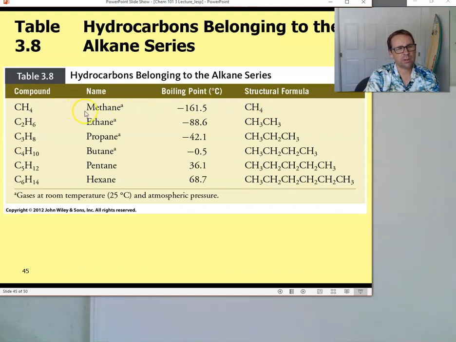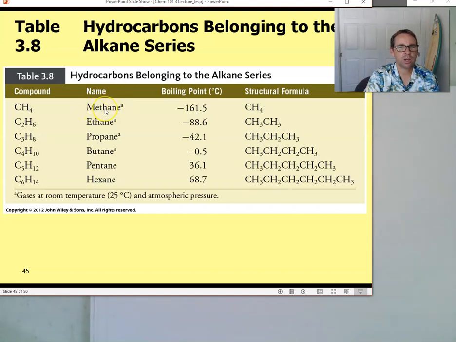We have different prefixes for 1, 2, 3, 4, and so forth. Specifically for 1, 2, 3, and 4, 1 is meth, 2 is eth, 3 is prop, and 4 is but. 5, 6, 7, 8, 9, and 10 are all the same: penta, hexa, hepta, octa, nona, and deca.